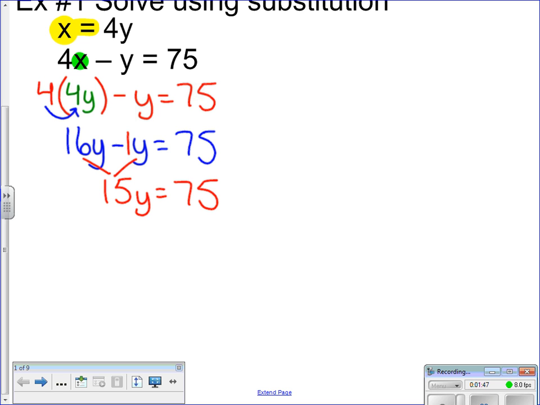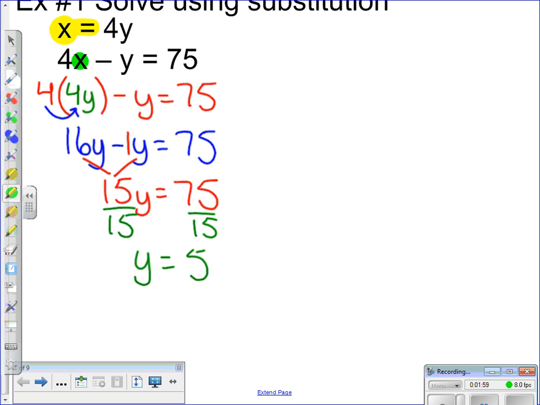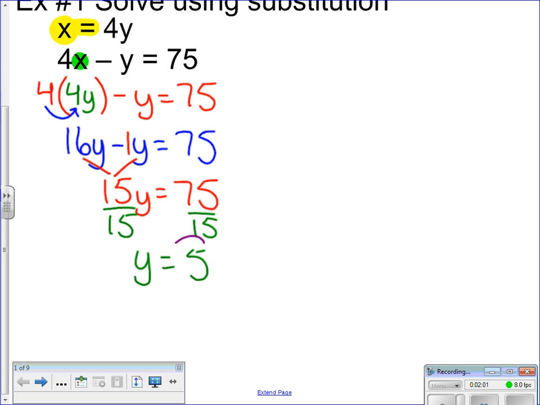And then the last step here, divide by 15, and you'll find out that y equals 5. Now that's not the end of the problem. You need to now take the 5 that you got for y, go back to the beginning and substitute it in for y so that you have the value for x.